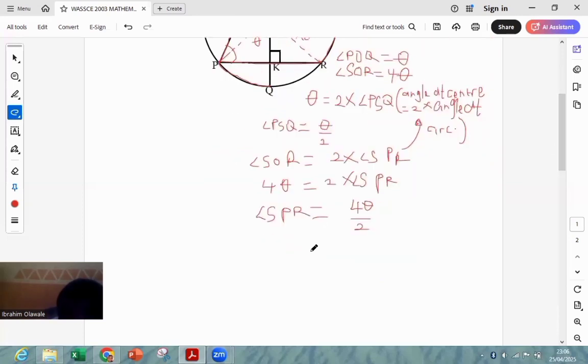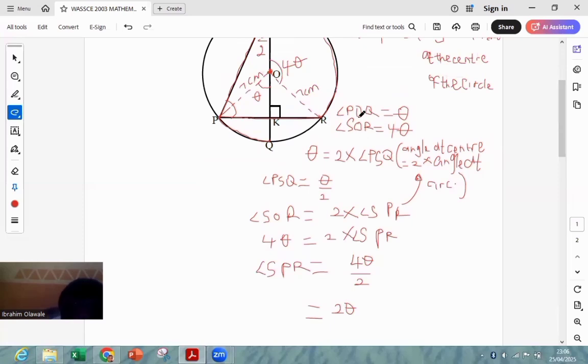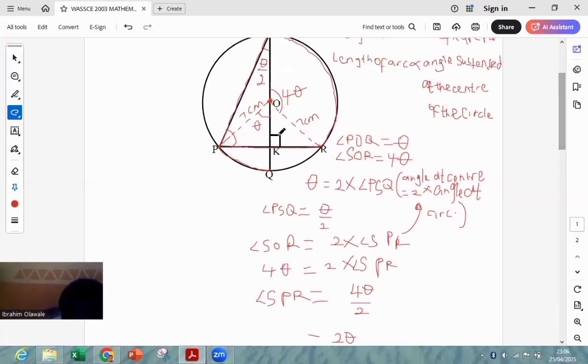And that will give me 2 theta. So in this case here, angle SPR is equal to 2 theta.